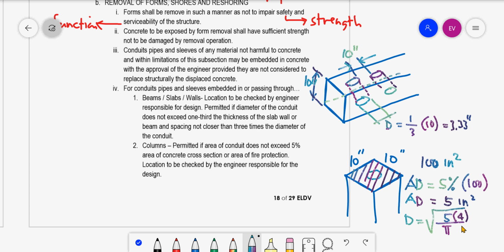This was obtained from the formula pi d squared over 4 is equal to the area.